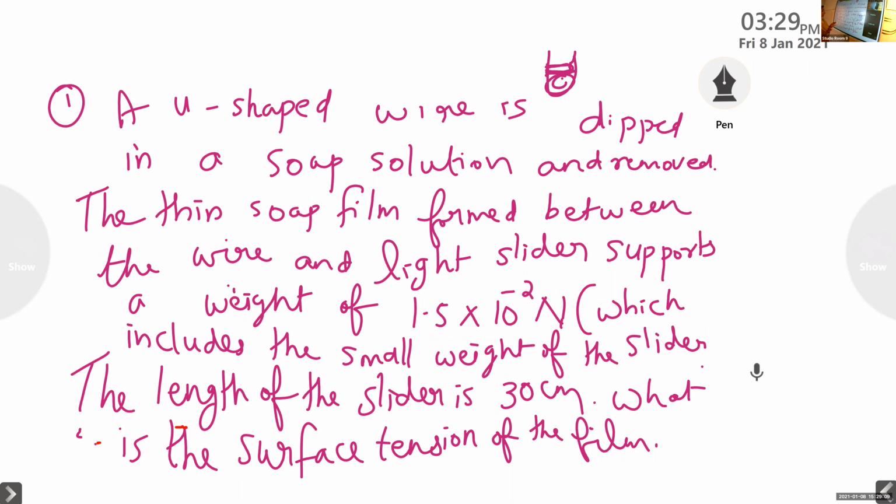So that is the idea of this question. Weight, you already know, is equal to mass into gravity. Surface tension tries to stretch the soap film this way, at the same time this slider is trying to pull the soap film upward. So in that comparison, we can find out the surface tension of the film.